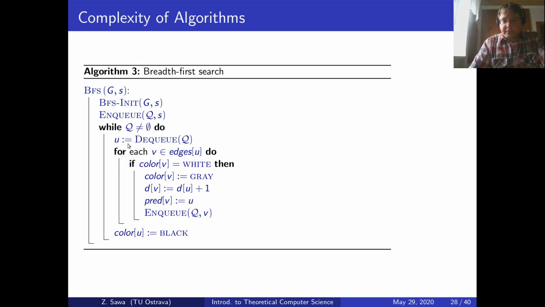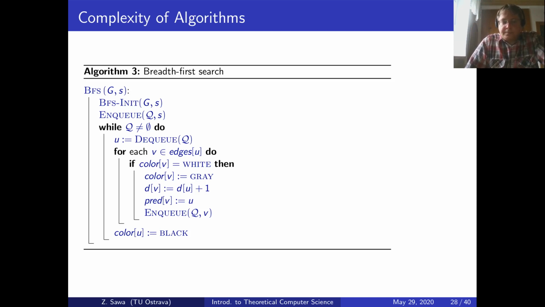And when we process node u in this iteration of the outer loop, each edge going out of it is processed exactly once. But as soon as this node u is processed, it will not be processed again, so also these edges will not be processed again. So the number of times the body of this inner loop is performed cannot be bigger than the number of edges of the given graph.